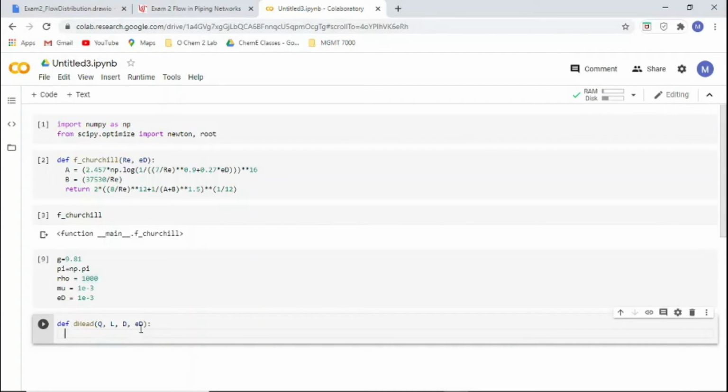So using that, we can find that velocity is equal to the flow rate divided by the area of our pipe. So Q divided by A, where A is going to be equal to pi times the diameter of the pipe squared divided by 4.